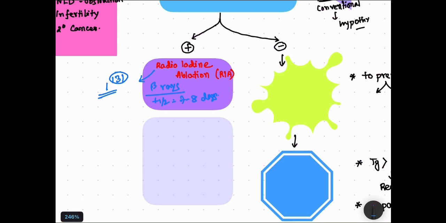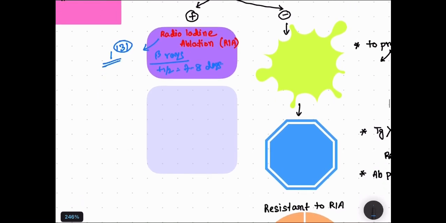Now there are certain conditions you also have to remember where the residual disease is absent, but still we give radioiodine ablation, and that is a single dose of radioiodine ablation. Okay, the patient who has no residual disease or no metastasis but has lymph node positive, or there is extrathyroidal involvement, or there is extrathyroidal spread.